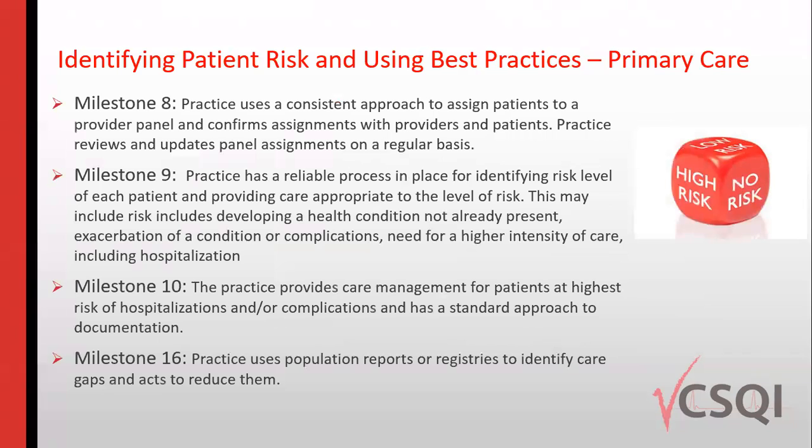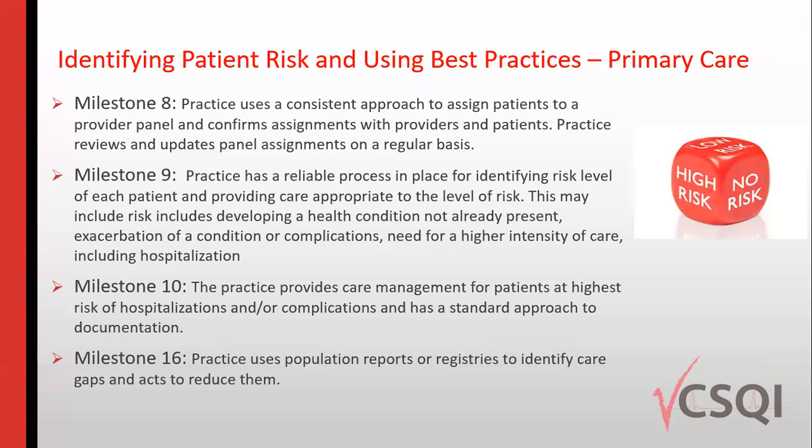There are 4 milestones around these 2 topics for primary care. Milestone 8 focuses on the practice's use of a consistent approach to assign patients to a provider panel and confirms assignments with the providers and the patients, expecting that this panel assignment is reviewed and updated on a regular basis.